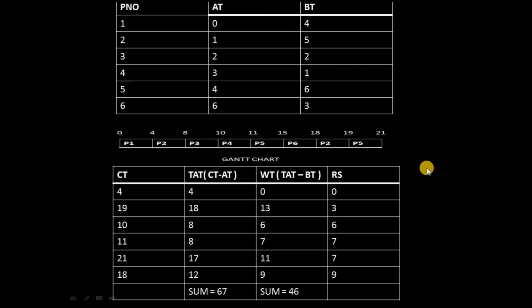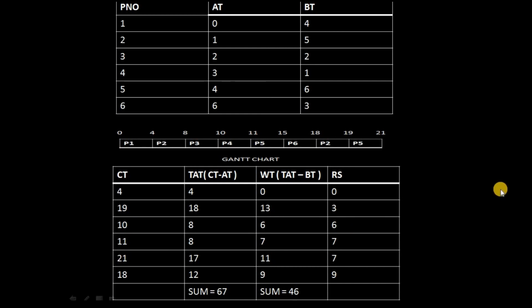So how to calculate the average turnaround time and the average waiting time? For the average turnaround time and the waiting time, you just take the total turnaround time of all 6 processes and divide it by the number of processes. And for the waiting time, the same.